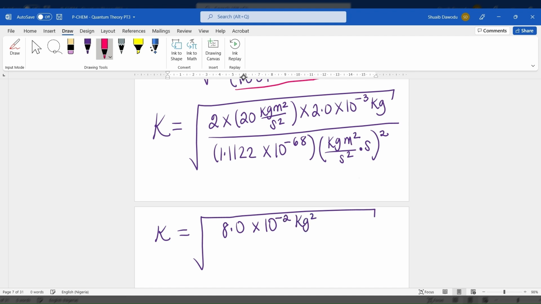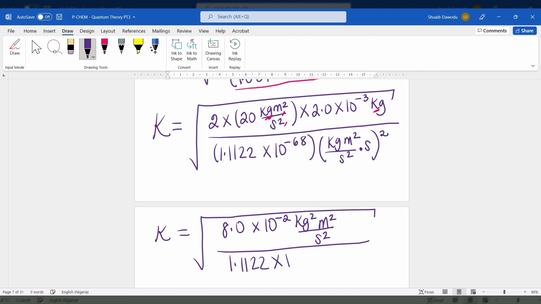So this kilogram here and this kilogram here will give you kilogram squared. Then you have meter squared and you have second squared. So that will be kilogram meter squared per second squared, divided by 1.1122 times 10 raised to the power of negative 68.